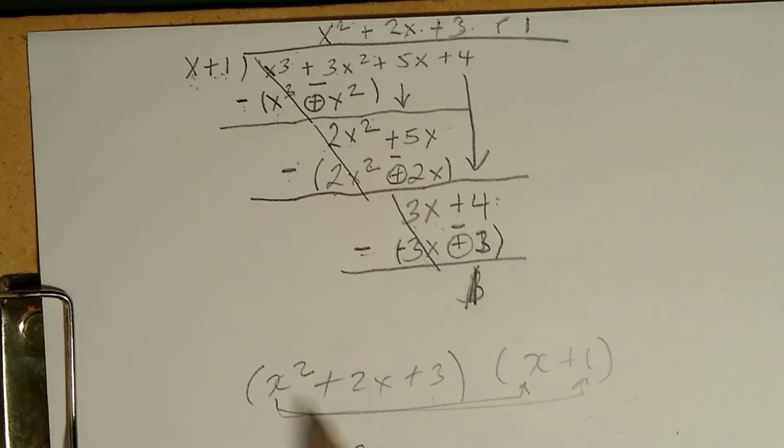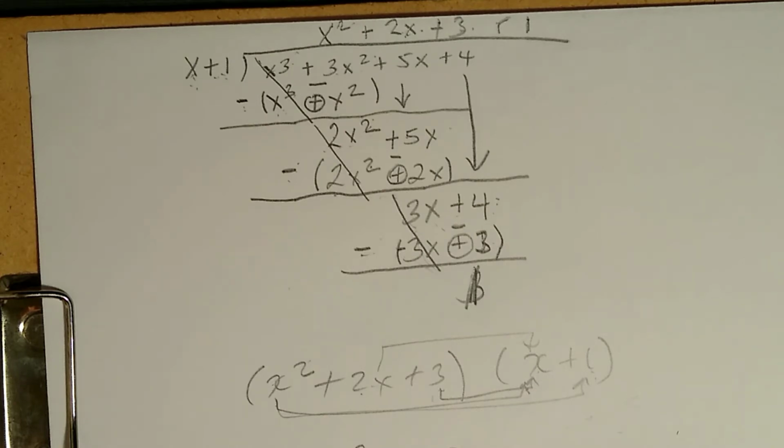Now we're going to do 2x times x is 2x squared, and 2x times 1 is 2x. So now we're left with the 3 times x.